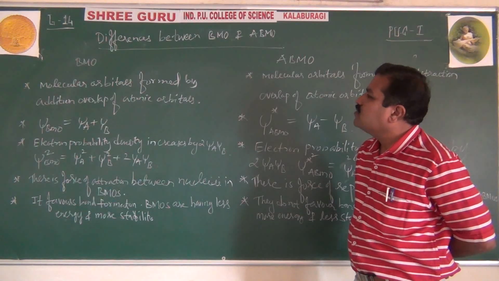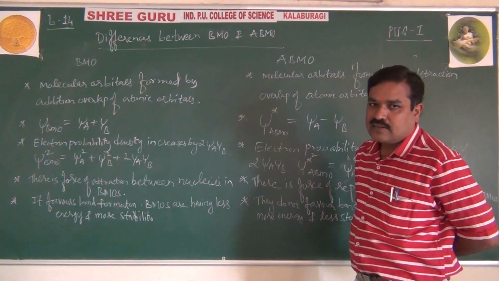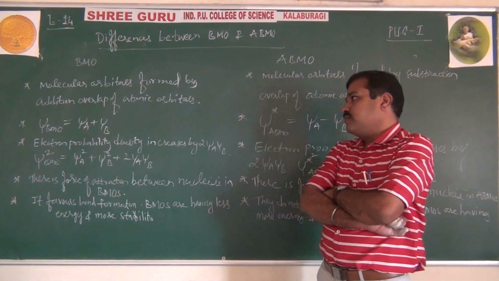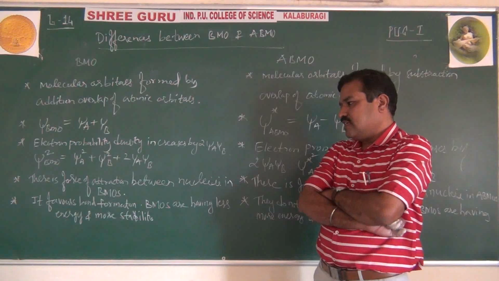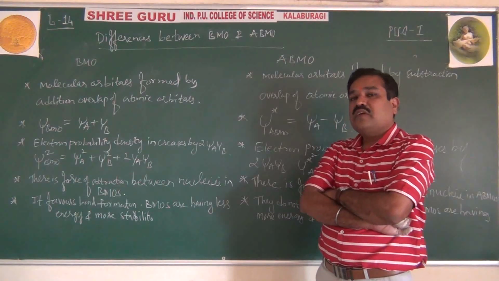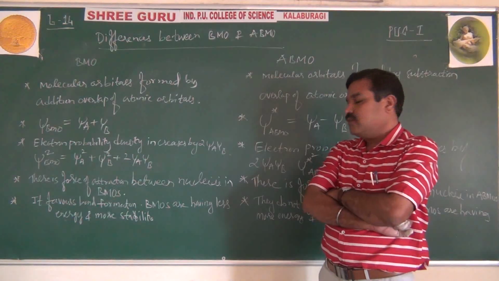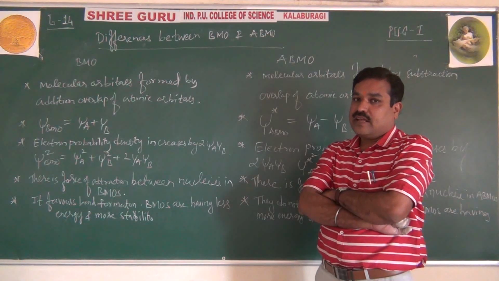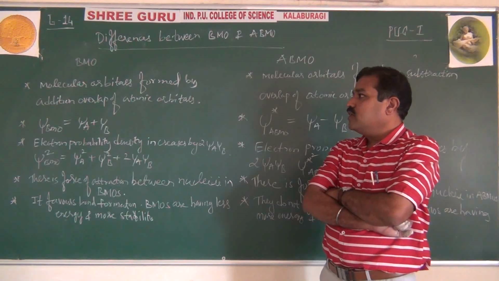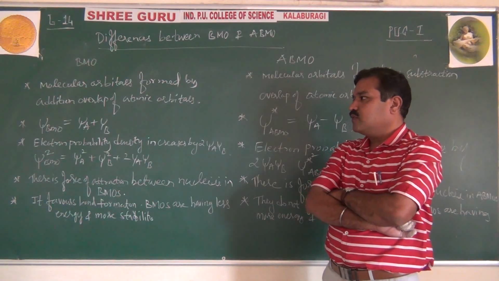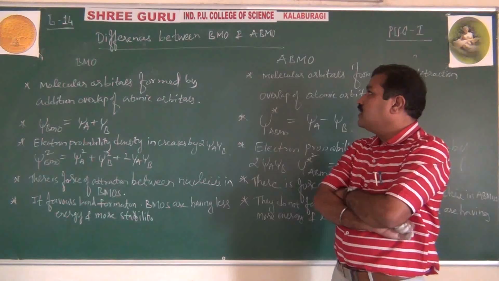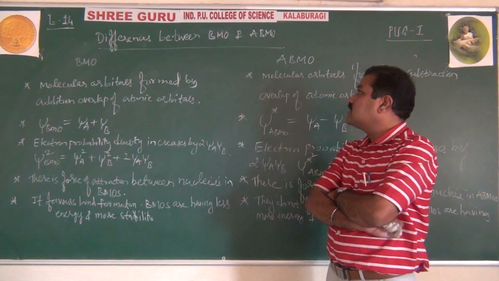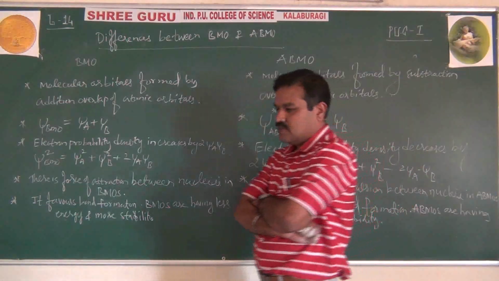Bonding and anti-bonding are differentiated by a star or asterisk given to anti-bonding molecular orbitals.